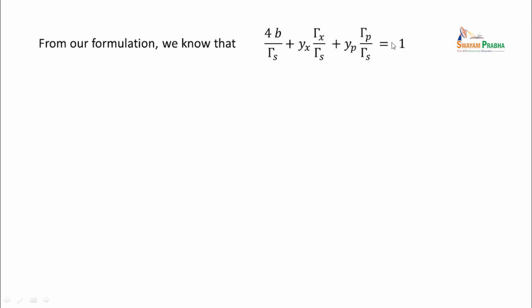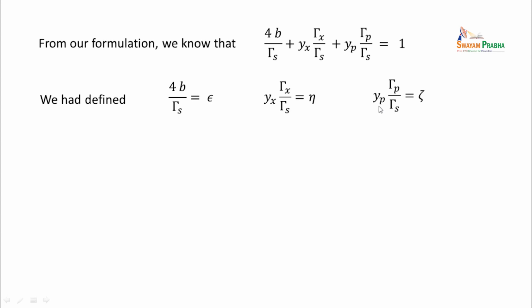These fractions must equal 1. Therefore, we had defined 4b by gamma S as epsilon, Yx gamma X by gamma S as eta, and Yp gamma P by gamma S as xi. So epsilon plus eta plus xi equals 1. This we have already seen.